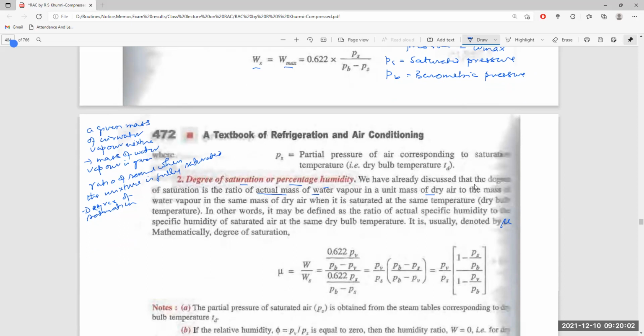Here the difference is that PV is the actual vapor pressure and PS is the saturated vapor pressure.